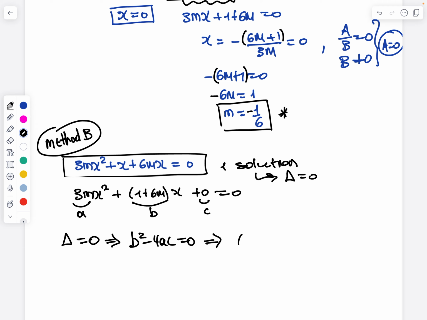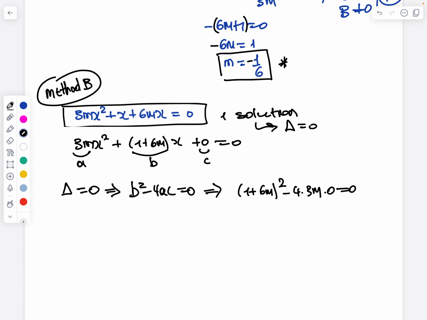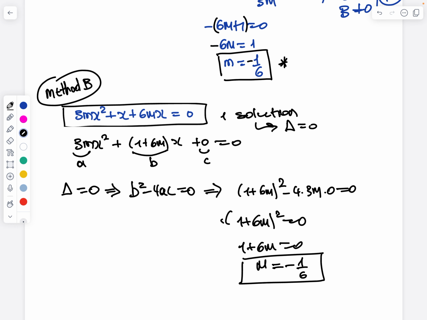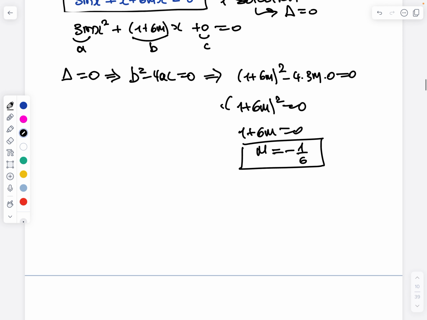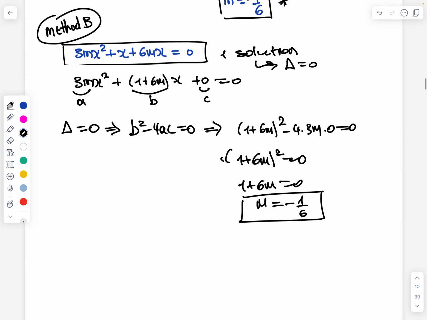That means (1 plus 6m) squared minus 4 times 3m times 0 is equal to 0. That would leave you with (1 plus 6m) squared equal to 0, which means 1 plus 6m is equal to 0, which means m is equal to negative 1 over 6, same as the solution above. These would have been the best two possible ways of approaching that specific question.